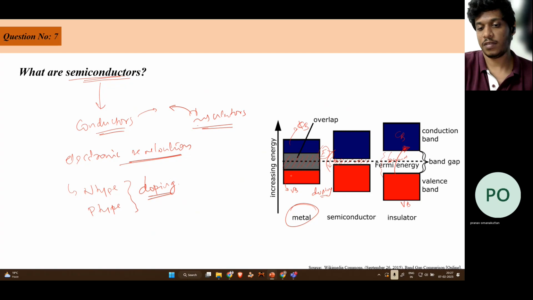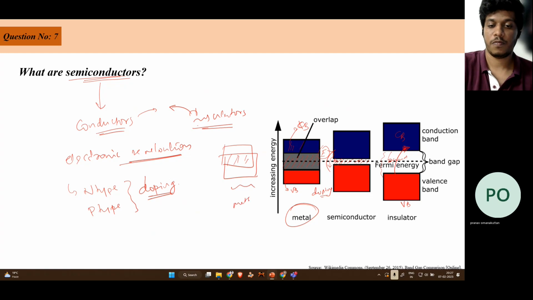When we plot the energy levels of a material, we have the valence band and the conduction band. When the valence band and conduction band overlap with each other, it is basically a metal.